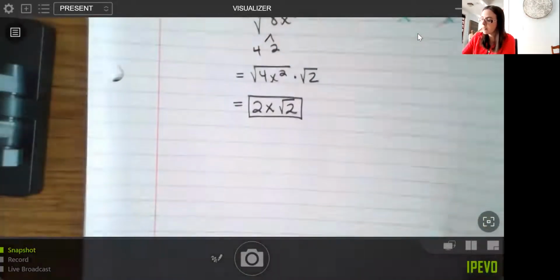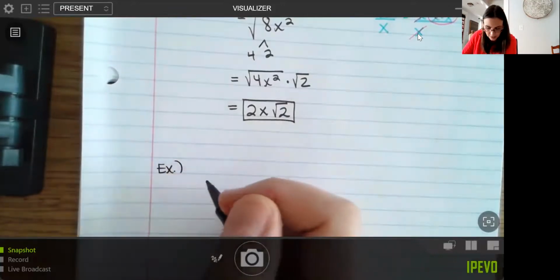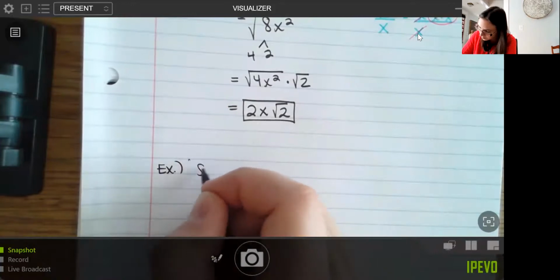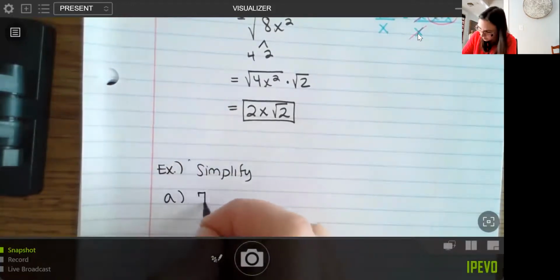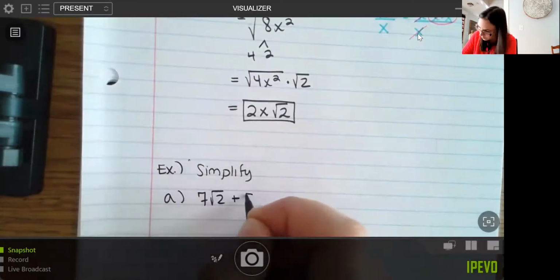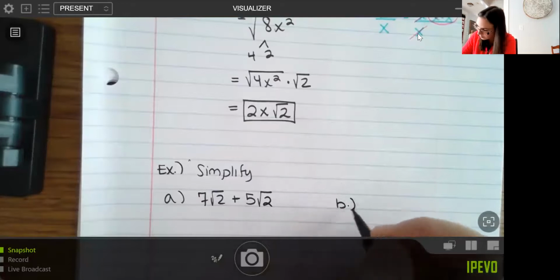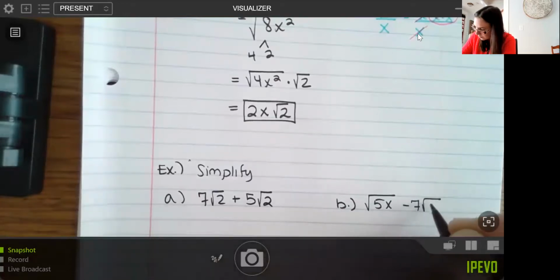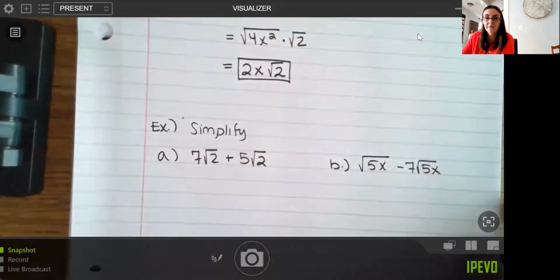The last thing I want to talk about in this video is adding and subtracting with radicals. So let's look at an example. Adding and subtracting radicals actually works very much like variables.